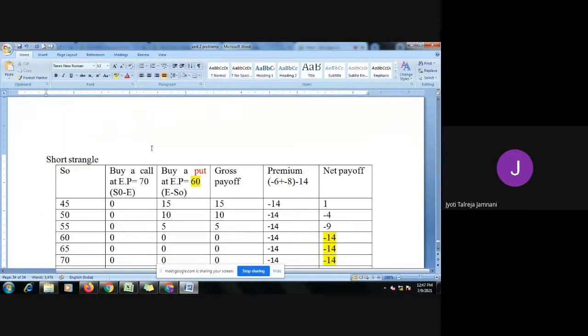In short strangle, what will happen? We will sell a call and we will sell a put. And if we sell, we'll receive premium. So minus 6 minus 8 will become plus 6 plus 8. So premium will be plus 14.